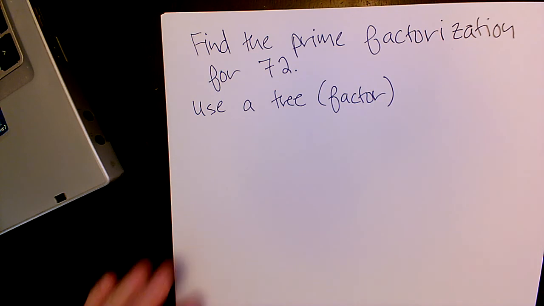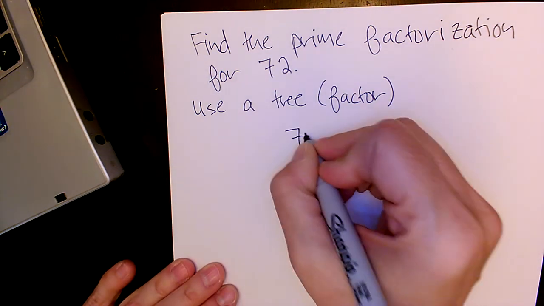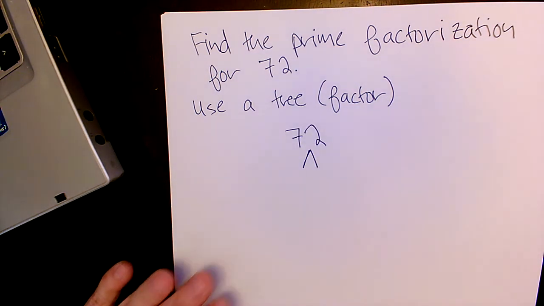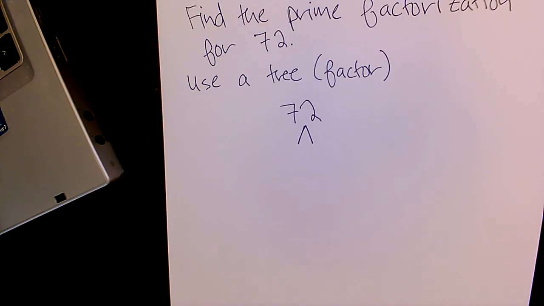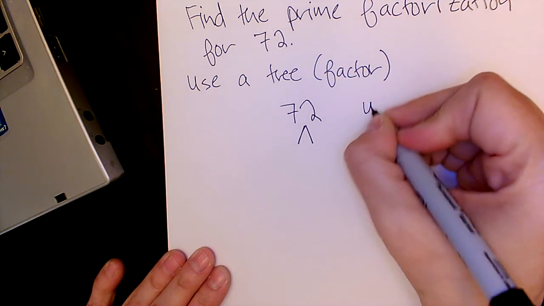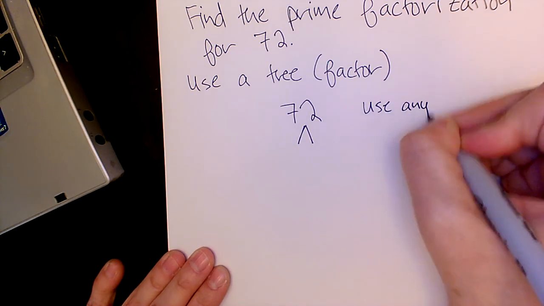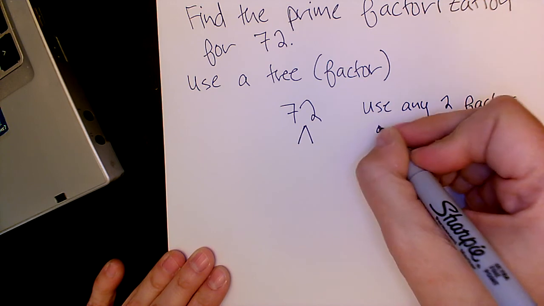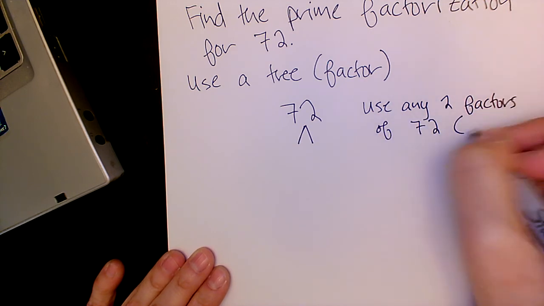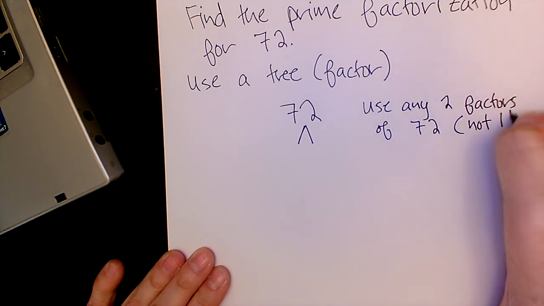So I'm going to do the factor tree, which means I'm going to put the 72 at the top of the tree, and I'm going to branch out. There are a lot of factors of 72, so you can use any 2 factors of 72, just you can't use 1.